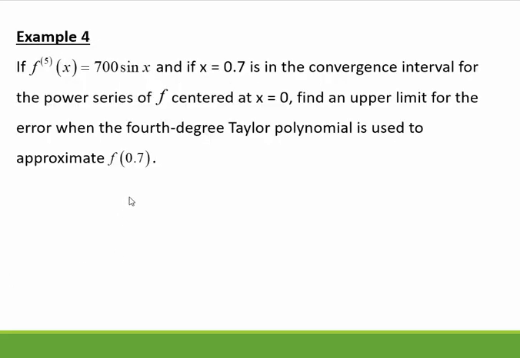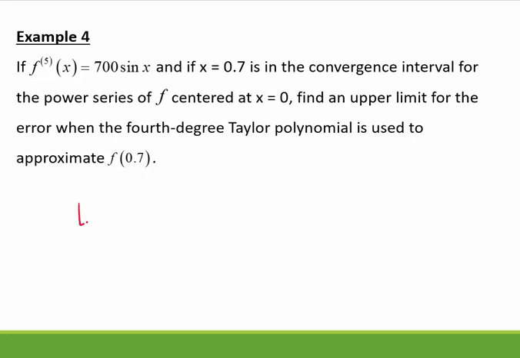Okay, our next example. So the fifth derivative of some function is 700 sine x. And if 0.7 is in the convergence interval for the power series centered at 0, find the upper limit for the error with the fourth degree Taylor polynomial that is used to approximate 0.07.